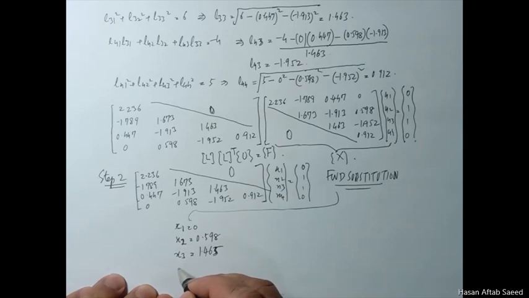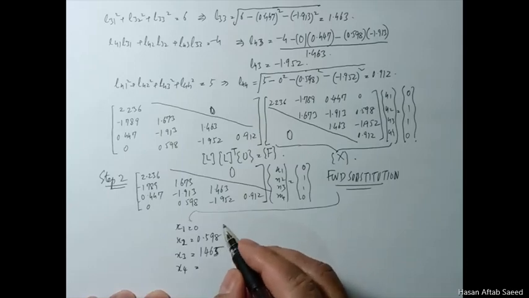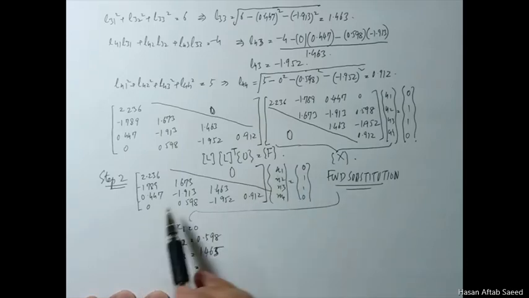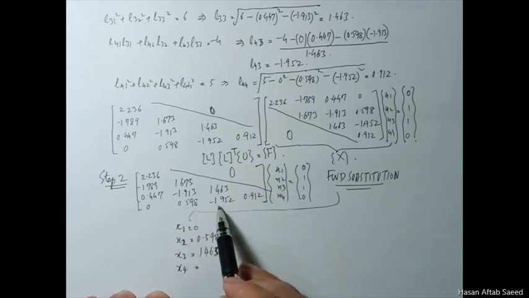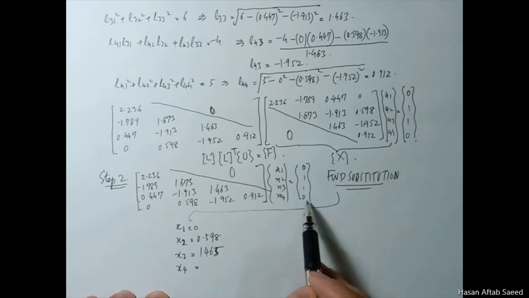And the next one, x4, that turns out to be, putting in the values, 0 doesn't count, but 0.598 into x2 minus 1.952 into x3, 0.912 into x4 is equal to 0.